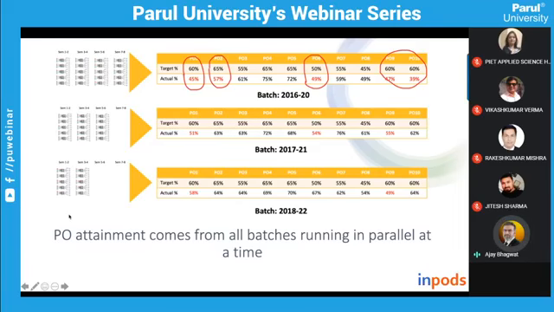Naturally, such batches with low data do not give you a correct idea about the PO level attainment. They will start giving you good analysis at the course level, but not necessarily at the PO level. Because it's like cricket's first 1 or 2 overs where the average run rate will be very high, but that's not the real picture. So we have to wait for some time for that percentage to settle down, and then you can start looking at it.